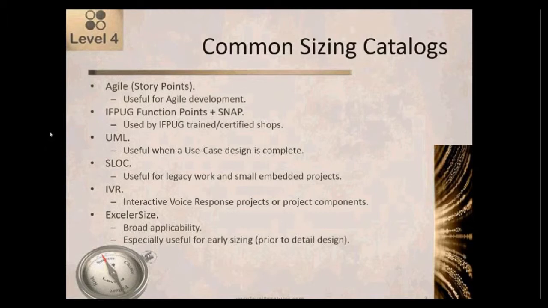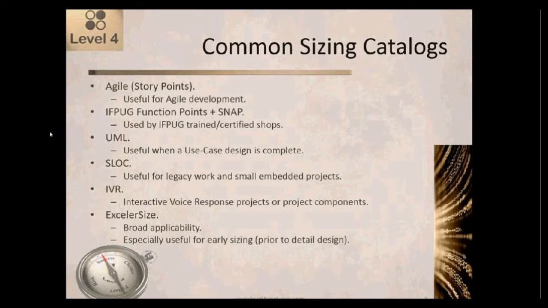Then we have IFPUG function points with the feature point extensions and with the SNAP extensions. This would primarily be used by an IFPUG trained and certified shop that really wanted to have a standardized methodology for counting function points and was willing to go through that cost and effort.